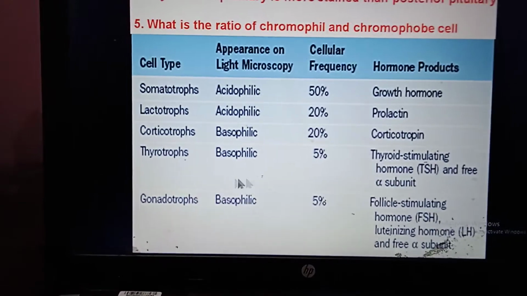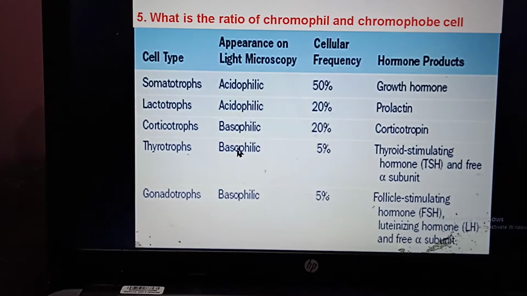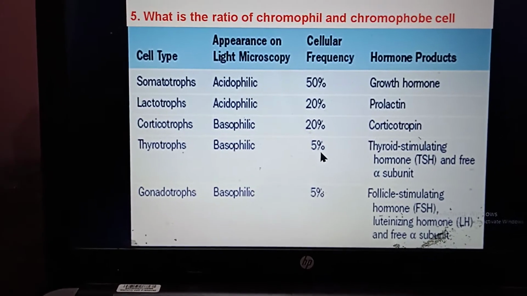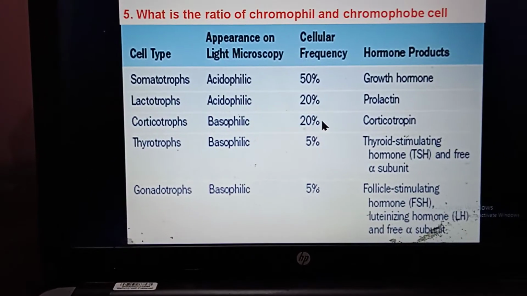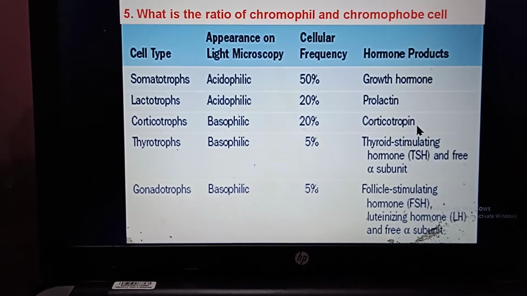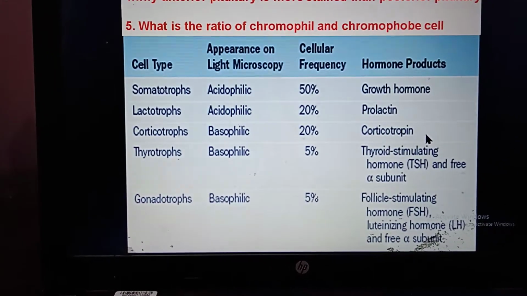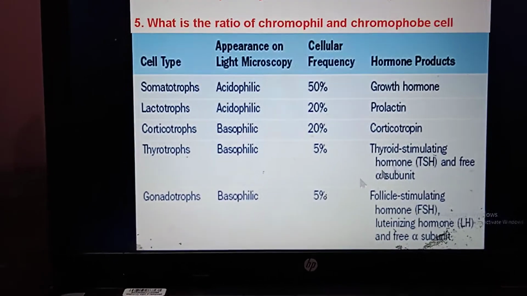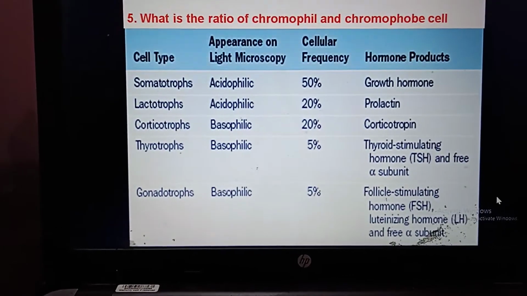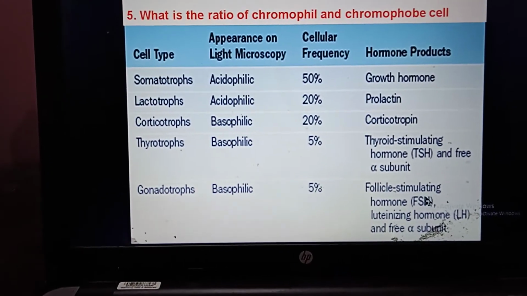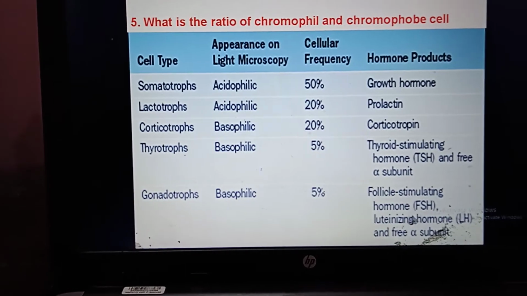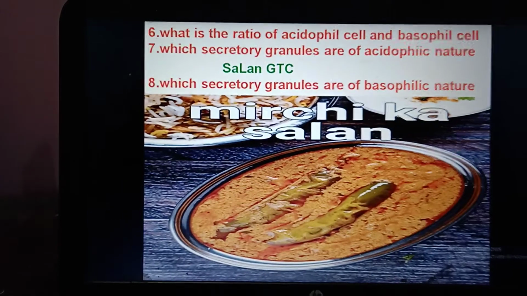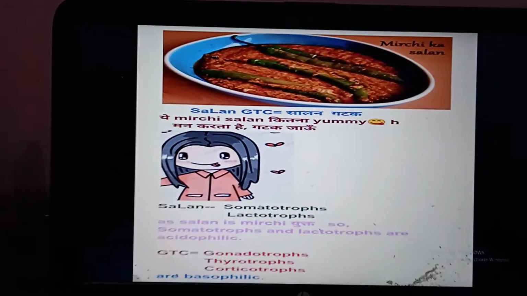The basophilic cells are corticotrophs, thyrotrophs and gonadotrophs, which make up 20%, 5% and 5% respectively, and secrete corticotropin, responsible for cortisol production, then thyroid stimulating hormone from thyrotrophs, and follicle stimulating hormone and luteinizing hormone from gonadotrophs. And by this mnemonic we can memorize very easily.